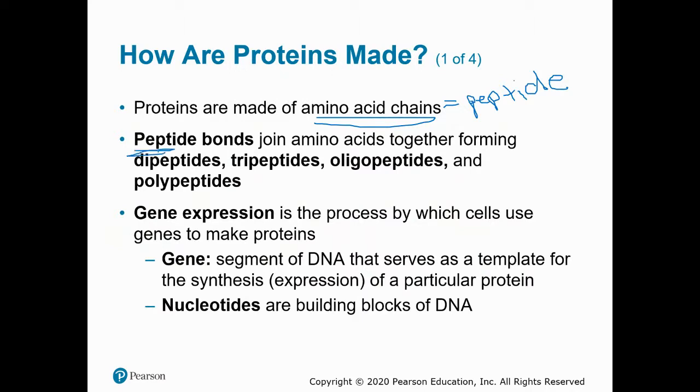So where you start to see this pep, or peptide, start to associate that with proteins. So peptide or peptide chains is another way to say amino acid chains. And these amino acids are bound together by peptide bonds.